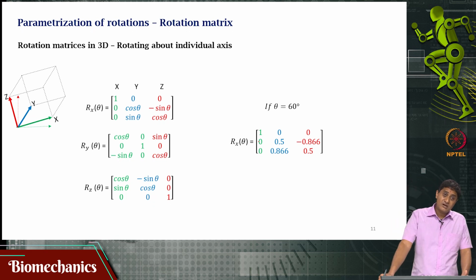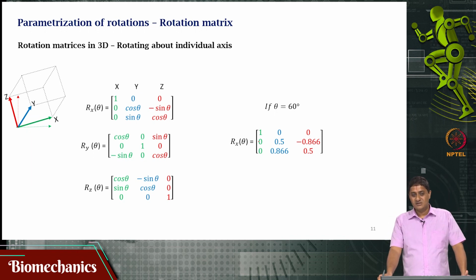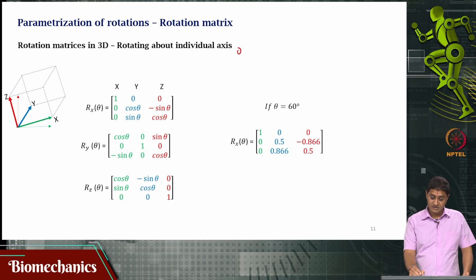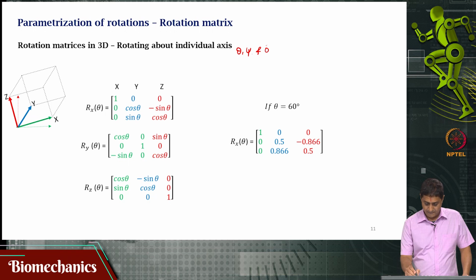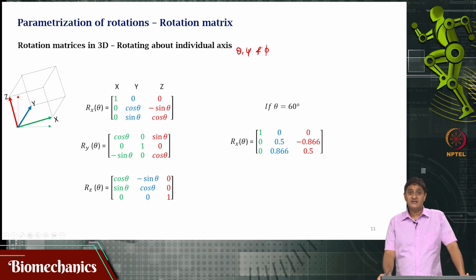If all of them have the same angle of rotation, by the way, that is not a compulsion. You do not have to rotate by the same angle about all 3 axes. You could have 3 different angles, theta, psi and some phi.